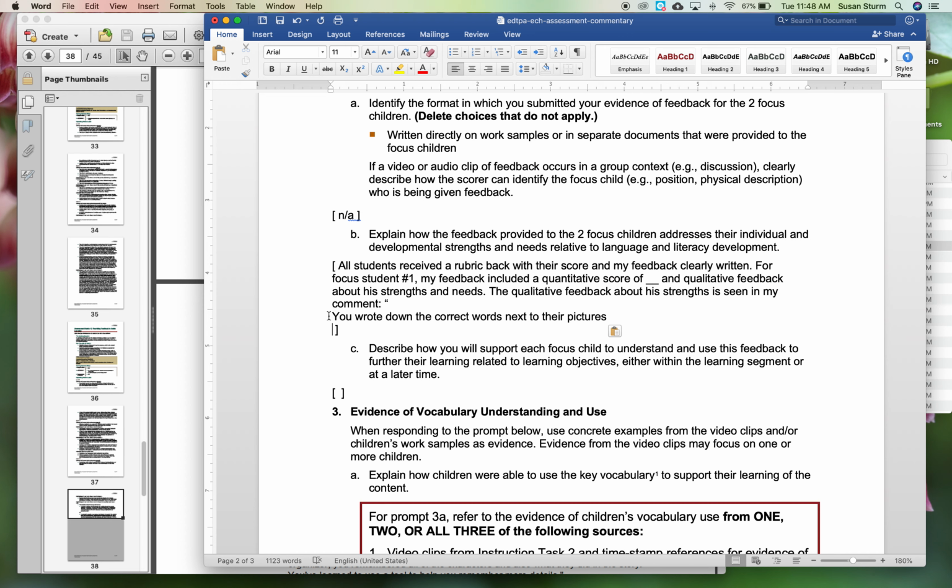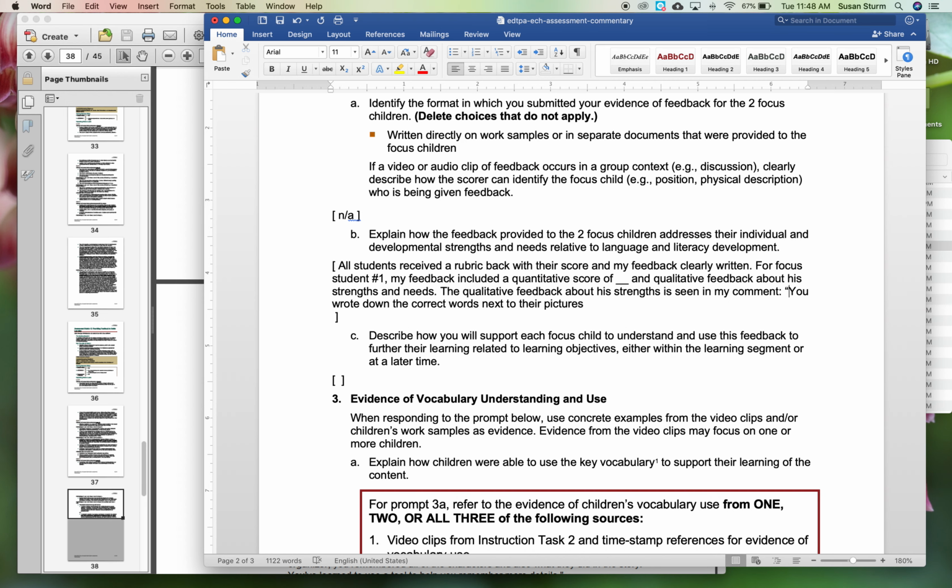You wrote down the correct words next to the pictures. So that would be qualitative feedback about his strengths.